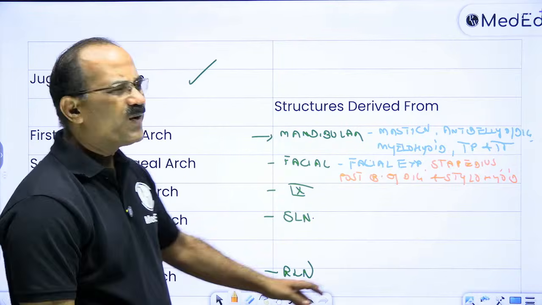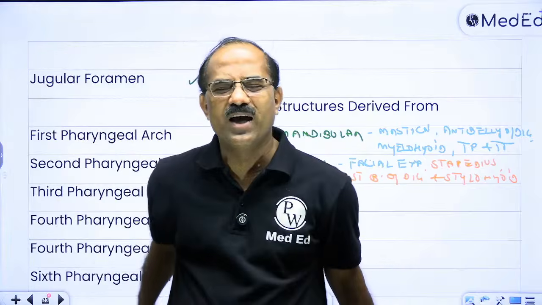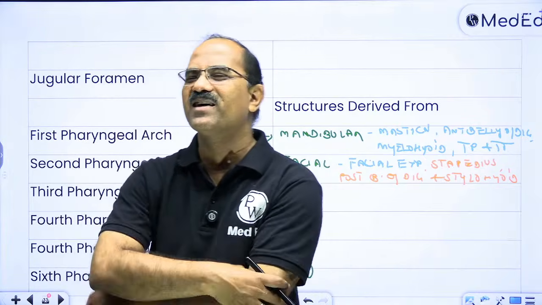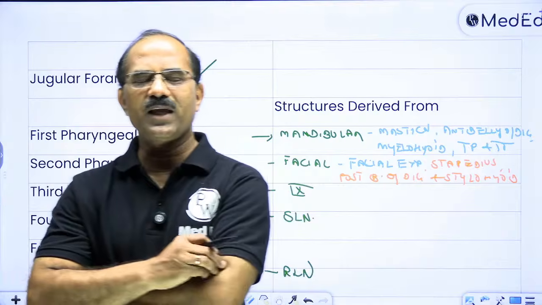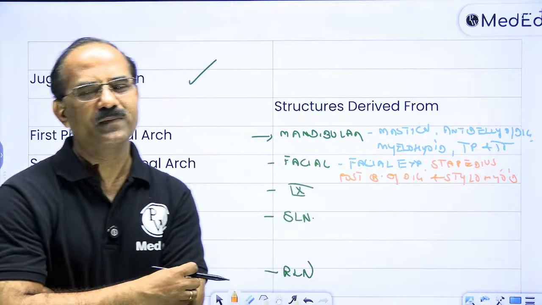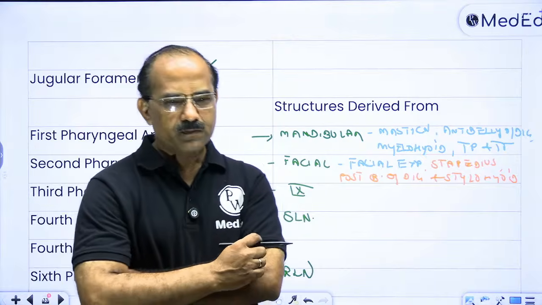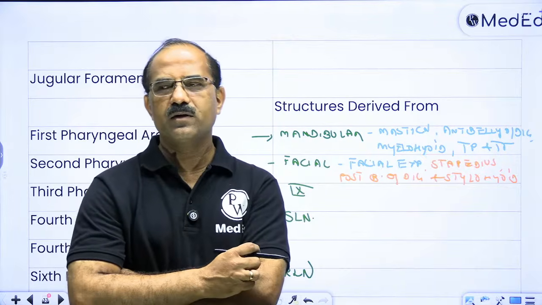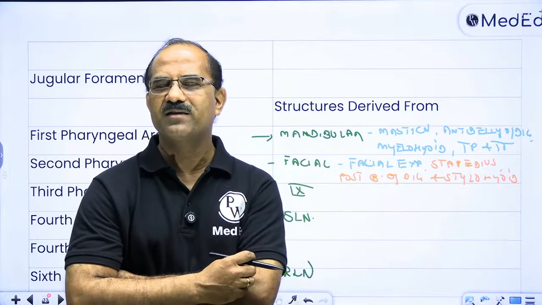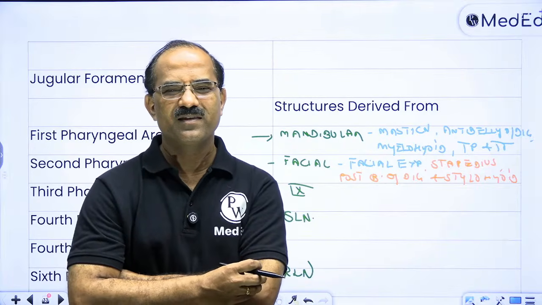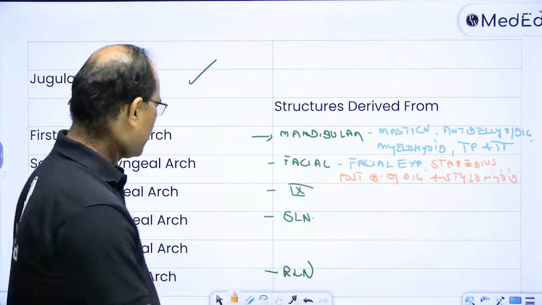There is only one muscle in the third arch. Can you name this muscle? Stylopharyngeus. That's very important.